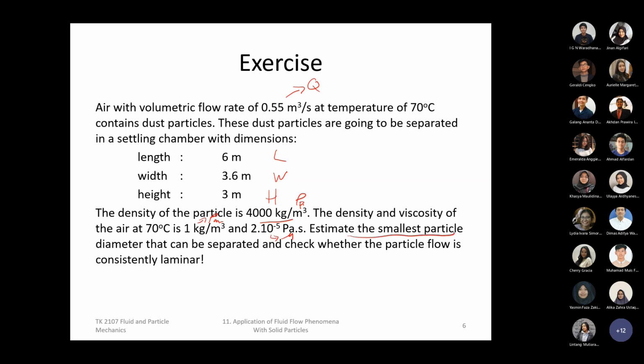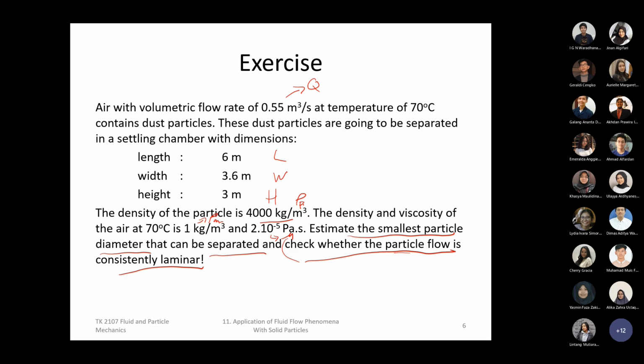Estimate the smallest particle diameter that can be separated, and check whether the particle flow is consistently laminar, especially if you assume to use the terminal velocity correlation for the laminar regime. That means assuming the CD to be 24 per NRE, Stokes law, just as has been described.